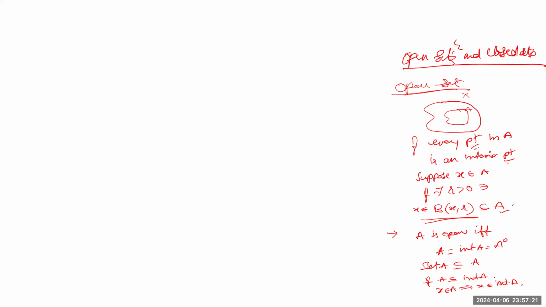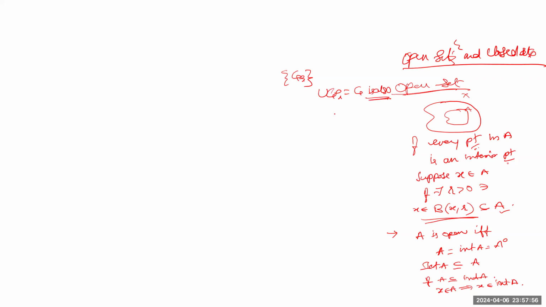Or another approach. Suppose you have a collection of open sets. If you show that, for example, G_i is a collection of open sets, then their union G is also open, right?